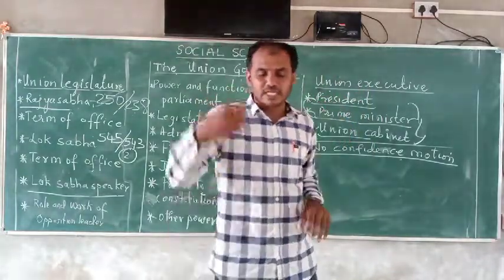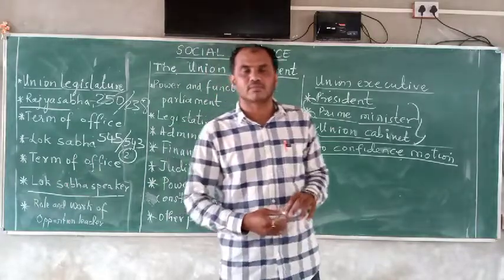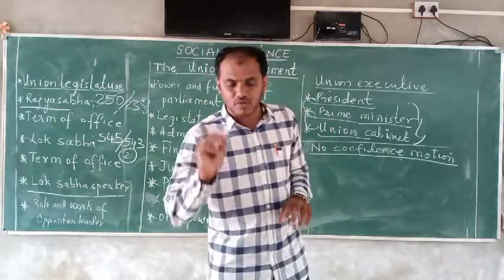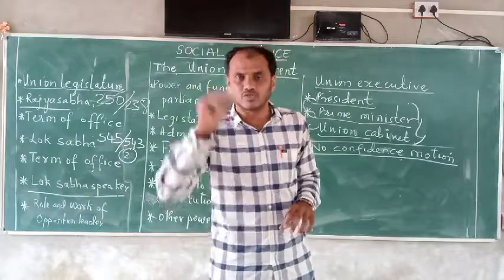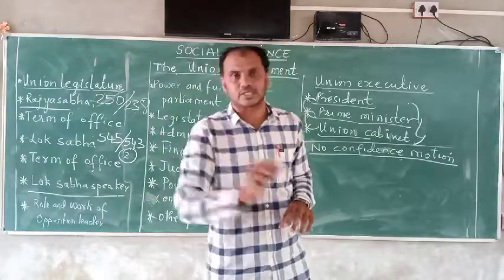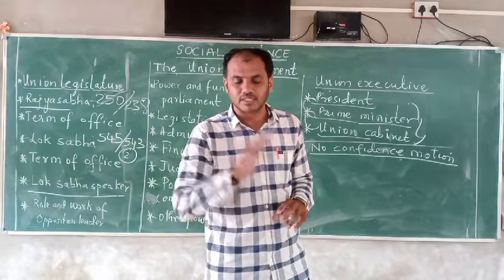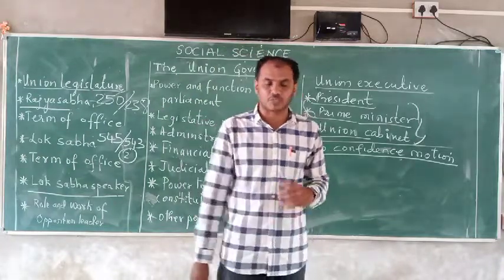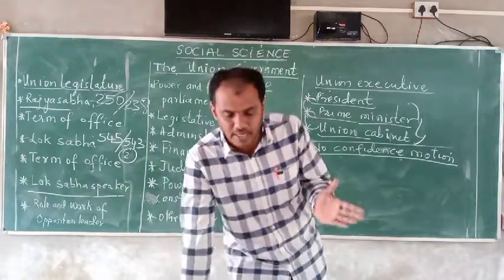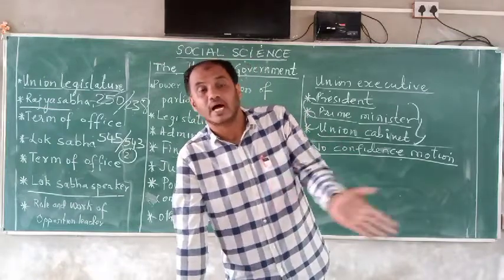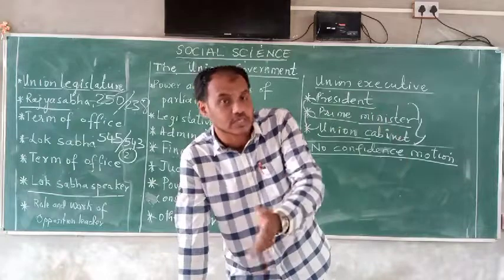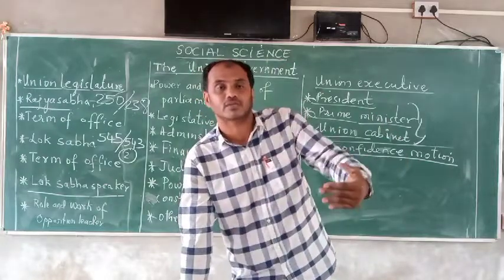Next, the maximum strength of the Union Cabinet is 15% of the total strength of the Parliament. Whatever the total strength of the Parliament is, 15% of that should be there. The Cabinet has individual responsibilities of his department, and as I said earlier, deputy ministers and ministers of state are given as assistants.